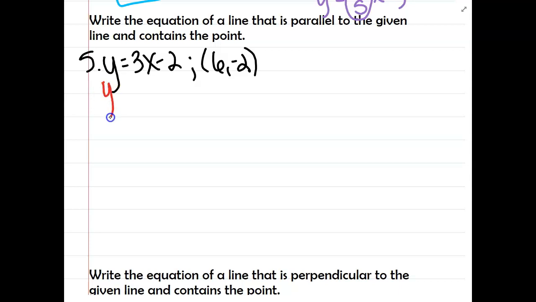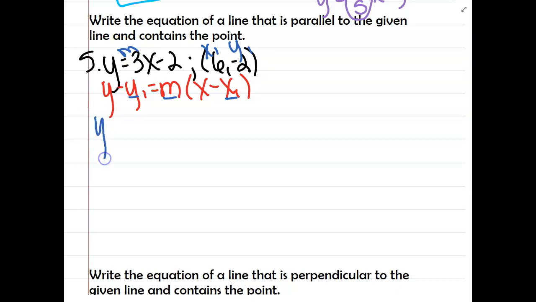We're going to use point slope form, y minus y1 equals m times x minus x1. Just like what we've done the last few days, I need a y1, an m, and an x1. There's my x1, y1, but I need my slope. What is the slope of my line going to be? The same as this one, right? And it's in y equals, so the slope of this line is 3, so the slope of my line is 3.